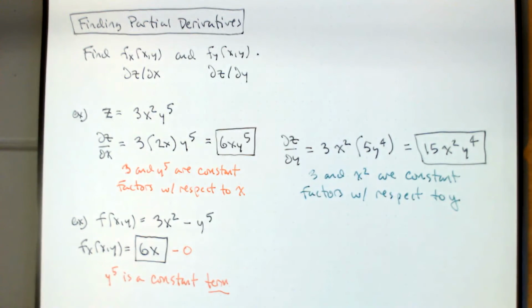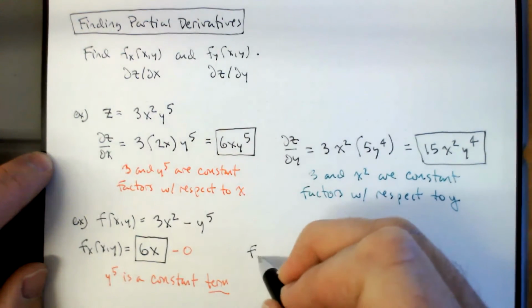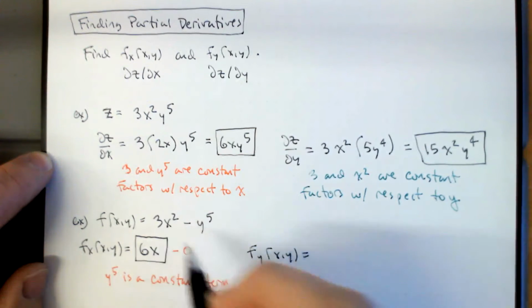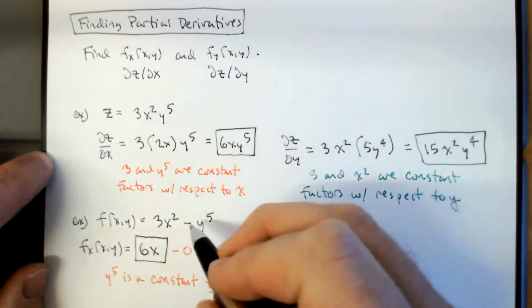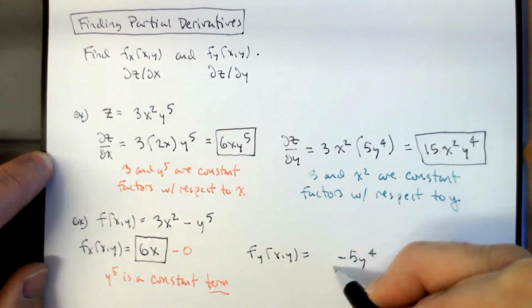A similar thing happens when we find the partial with respect to y because of the way I set up this function. So the partial with respect to y of f of x, y. In this case, the 3x squared is a constant term. The derivative of y to the fifth is 5y to the fourth.